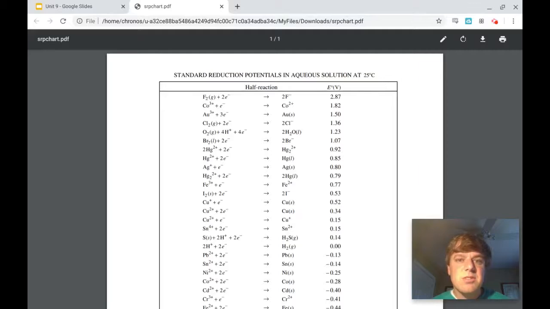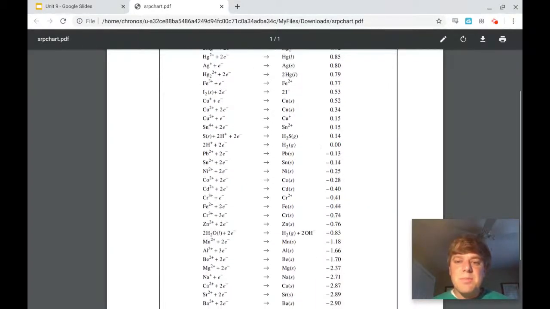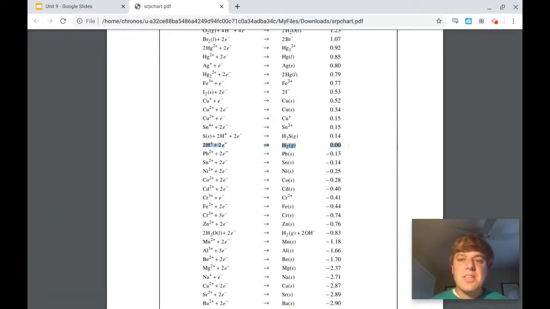Let's see if I can show you this. Here's a copy of this. They're all written as reduction half reactions, and they give you their cell potentials. And at 0 volts, you have the standard hydrogen electrode.